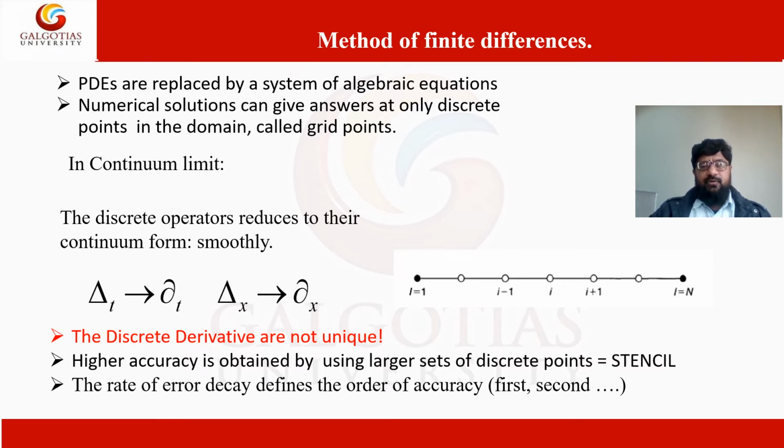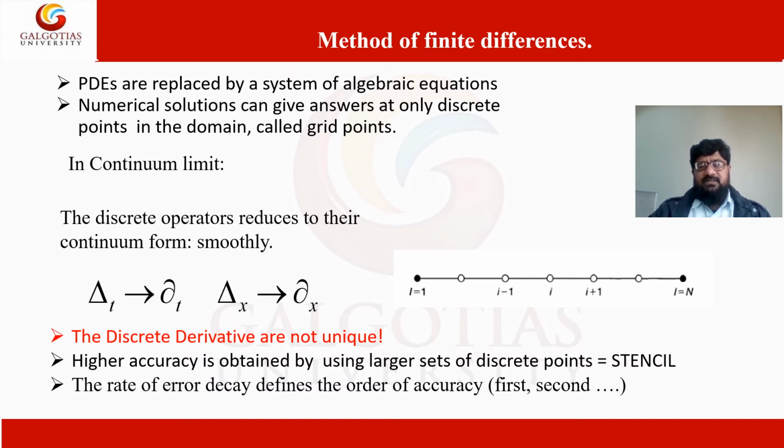If you want to calculate the derivative at this point, we can construct as many formulas as we want. We can use both these points. We can use 3 points at the right side and 1 point at the left side, and we can use 2 points on the right side and 2 points, i minus 1 and i minus 2, on the left side, and we can construct del f by del x equivalents.